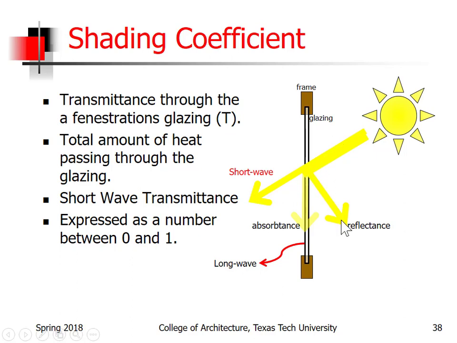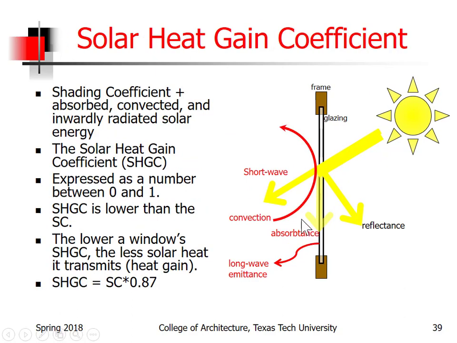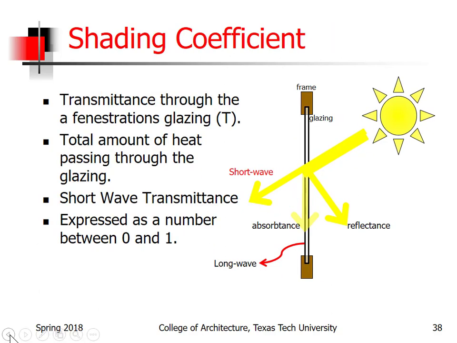One is the light can be reflected, the light can be absorbed and converted to heat inside the glass itself, and then of course it can pass through the glass. In the case of a shading coefficient, all a shading coefficient does is identify how much light or light energy is going to pass through the glass itself. It's one simple value. It's often referred to now as T, or transmittance, and that's how much.